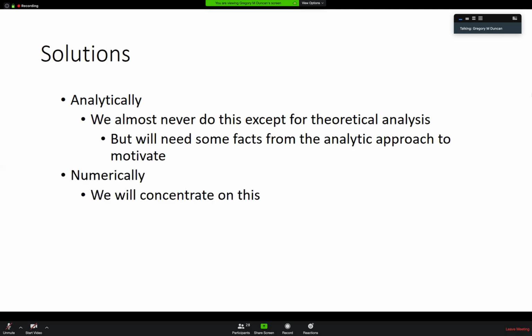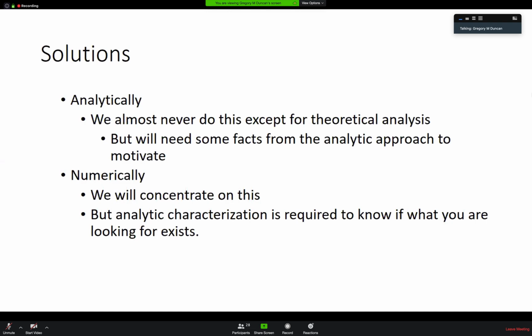Numerically is what we're going to concentrate on. So I'll give you the framework so that we can understand what goes on numerically. That's the reason for doing this, not so that you remember it, but so that you have in your mind what's going on.